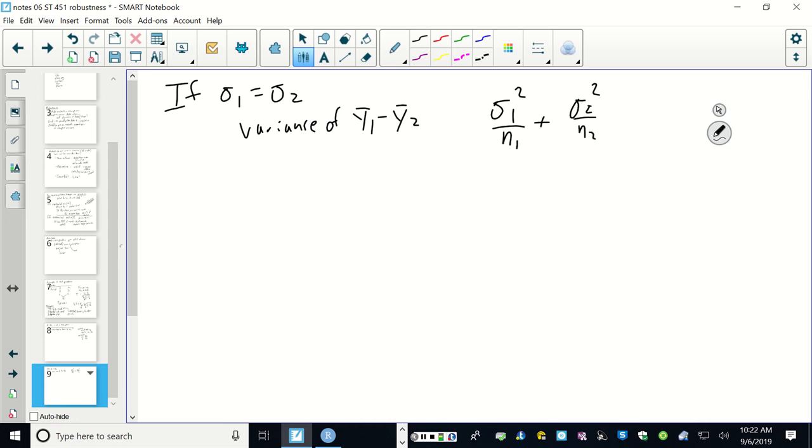And let's say our budget sample size is n equals n1 plus n2. So we have a certain amount of data that we can process. We can process n observations, and they have to be split in two groups. In a randomized experiment, you can think about going in one group versus the other, and n is the total sample size, and our choice is going to be how to split that up. How should we split it up to minimize this variance?